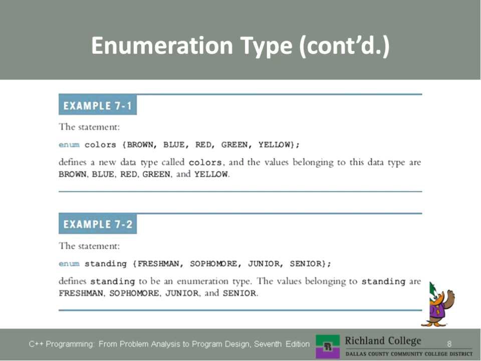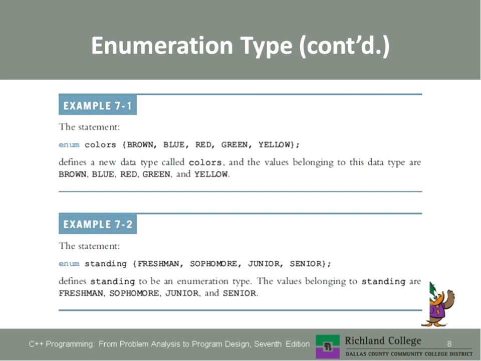Okay. So now you can see that there is a data type called colors, and colors can only take up values of brown, blue, red, green, and yellow. Later on you can also use this to validate the values that can be assigned to colors.